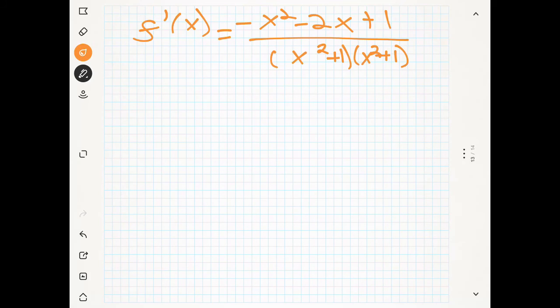I don't think there appears to be anything simpler. I'm just going to do some quick math here just to confirm. Plus 2x minus 1. It does not appear there is anything more to that. So it looks good, and I think that is it.